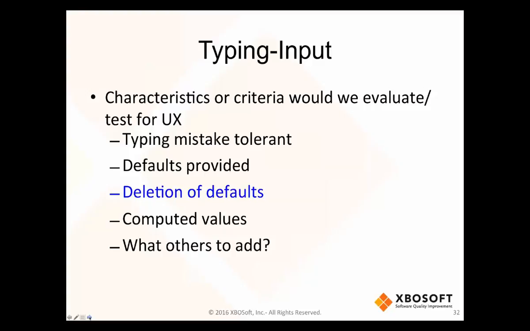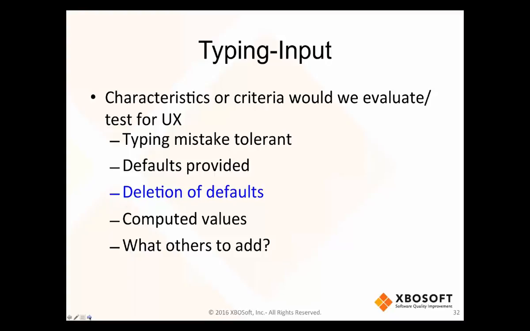So some of the things you might think about in terms of characteristics would be deletion of defaults. You want to have a default, of course, to avoid the user having to type something in. But on the other hand, you want to make it easy for them to delete that default so they don't have to use the backspace key to get rid of it.